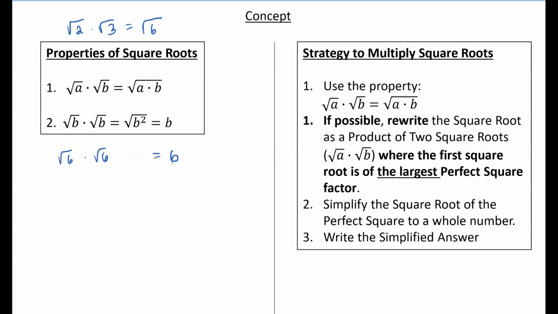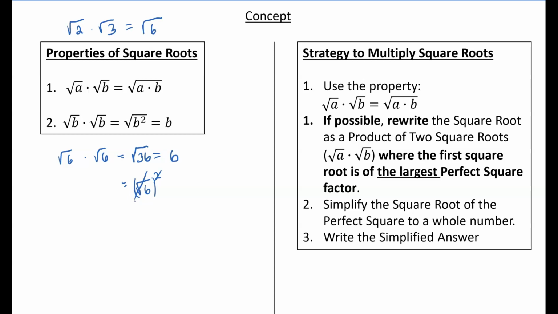Now you might be saying, okay, why is that? Well, a couple of ways I could write this. One, using the property above, isn't this the square root of 36? And the square root of 36 is 6. But also, don't I have that times itself? Isn't that the square root of 6 squared? And so this power of 2 cancels with the radical, and we just get 6.